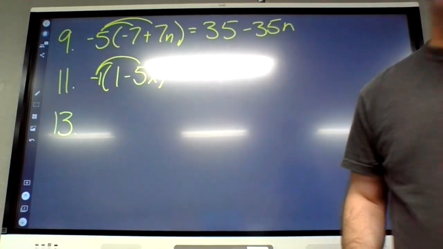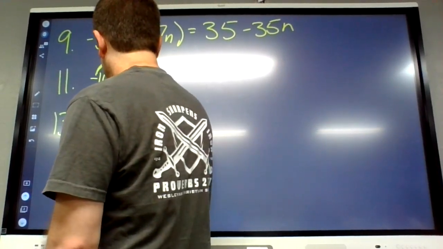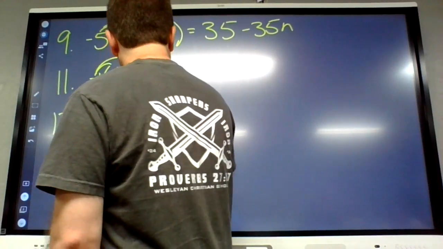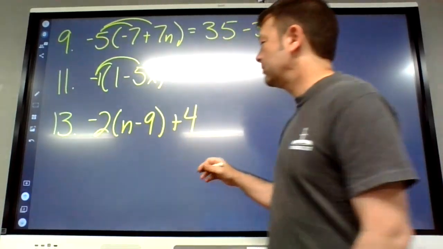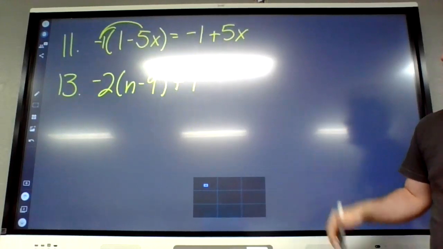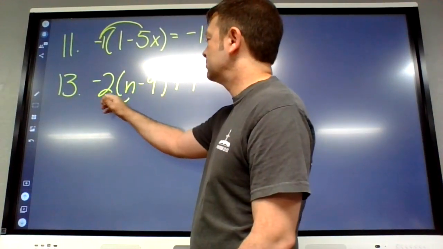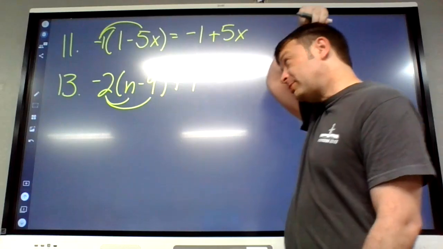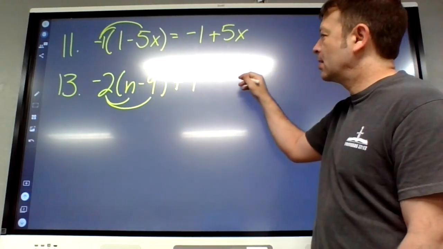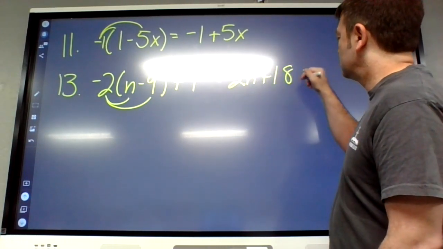Okay, -2 and -9 plus 4. All right, Trace. You just multiply the 2, the n. So what will that become? It'd be -2n plus 18, and then just plus 4.